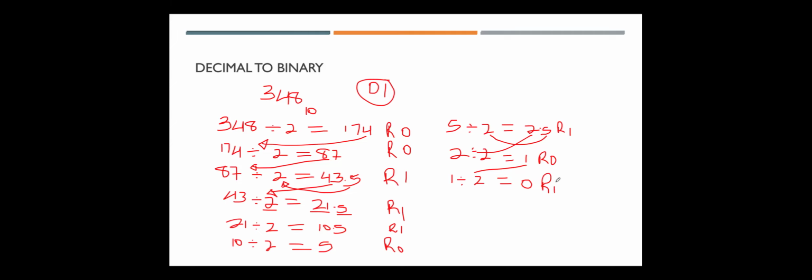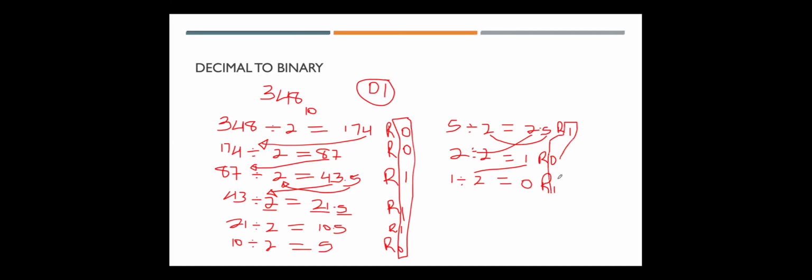So now this one, we only pick out, we only consider the what? The remainders we get. Yeah, we only consider the remainders in this case. From bottom, this is how we record it.